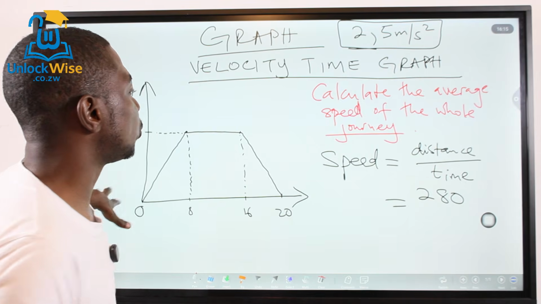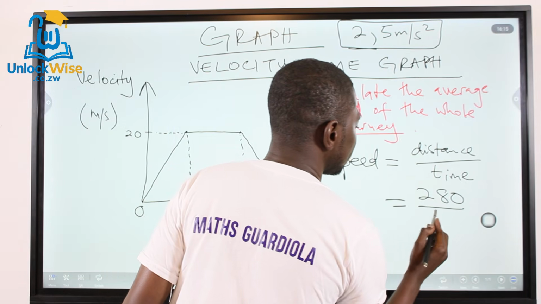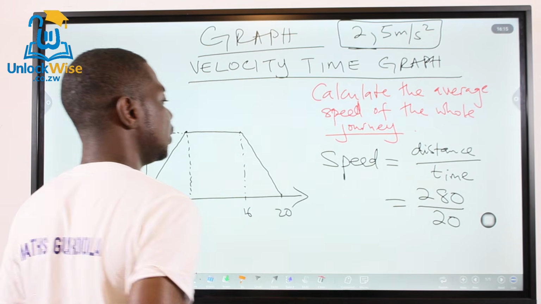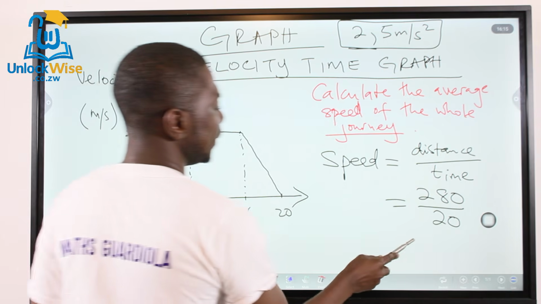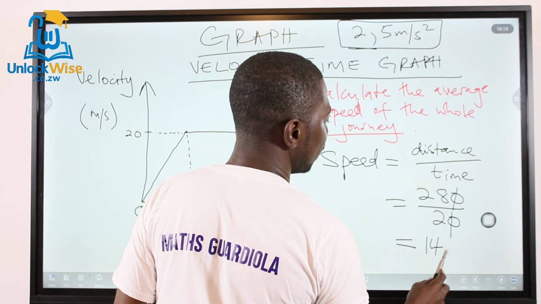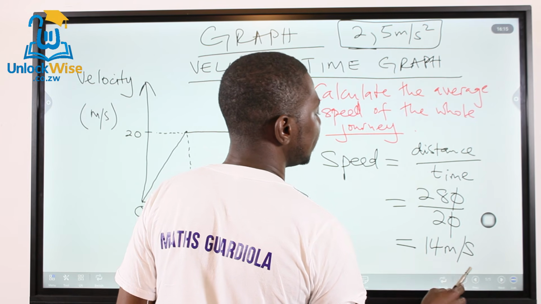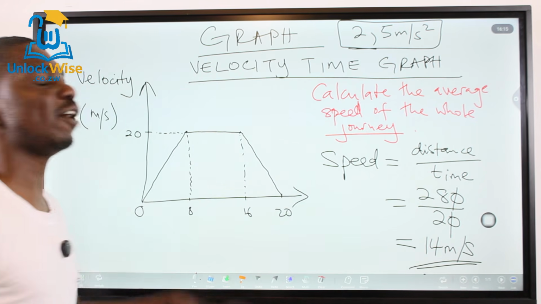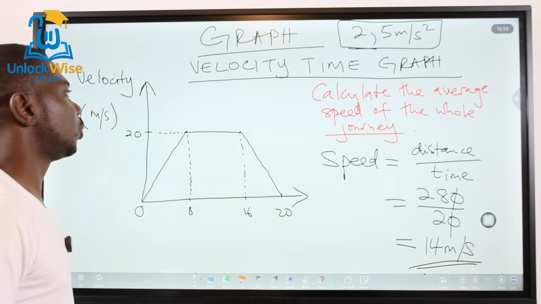And what is our total time? Our time is 20 seconds. So our speed is actually going to be, I'll cross out this one, and 14 meters per second. This is our average speed.